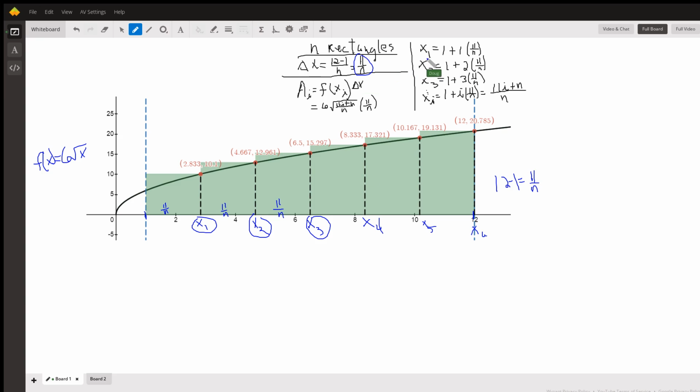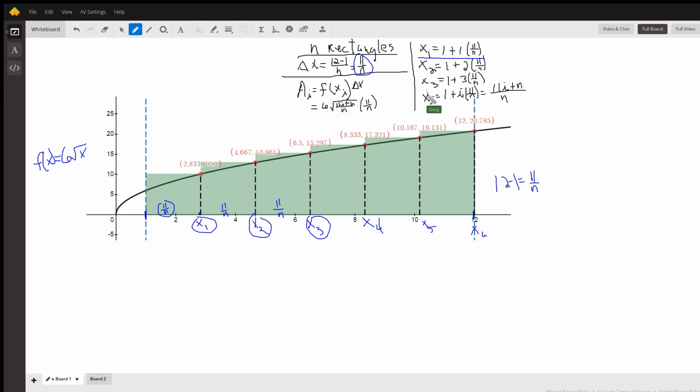Well, think of it this way. The x-coordinate of this first right-hand endpoint: we start at 1, and we add on one of these widths. So that's what this is right here. And to get to x sub 2, we start at 1 and add on 2 of those widths, and 3 of those widths.